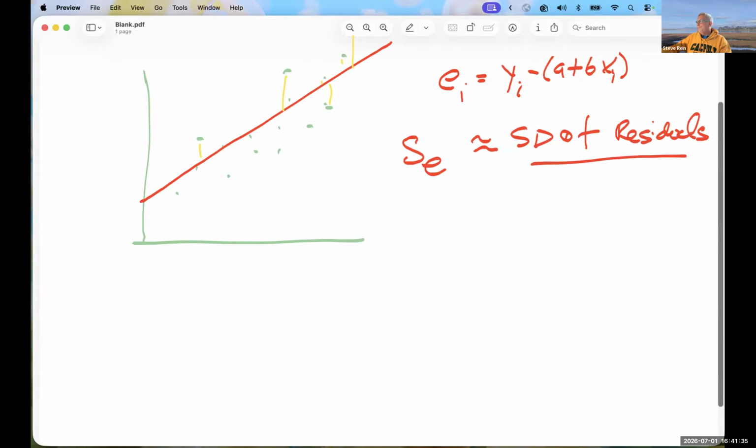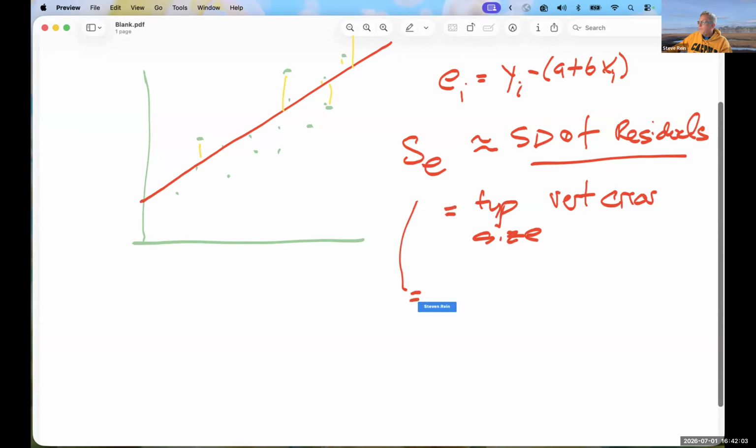How do we get the standard error of the residual? Standard deviation of the residual, sometimes called the standard deviation of the regression line. I don't like that term. I like standard deviation of the residuals a little bit. And that's the typical vertical error size, or the size of the typical vertical error.